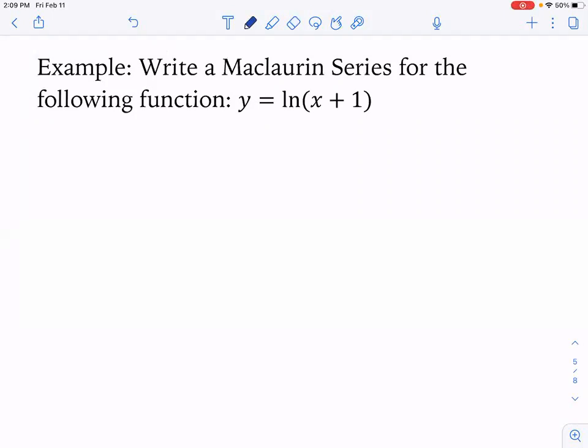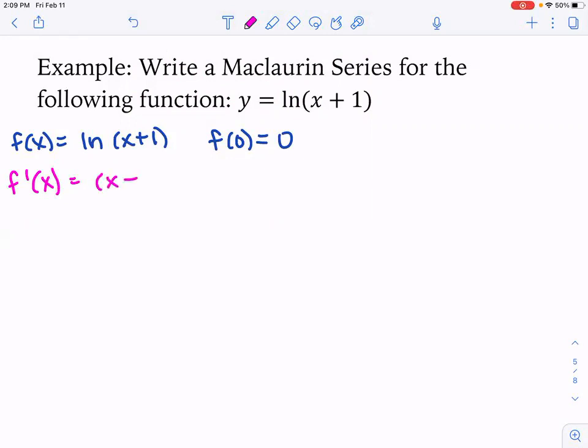Okay. So our function is the natural log of x plus 1. What is f of 0? Our first derivative is 1 over x plus 1.